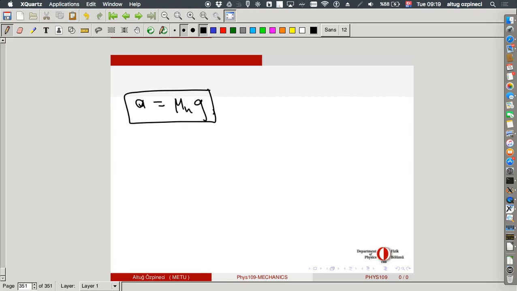So this is the acceleration of the center of mass. And I know the speed of the center of mass as a function of time. The initial velocity was 0, so it is just a times t, motion with constant acceleration. This is equal to mu k g t in the x direction. So now I know the velocity of my object as a function of time.